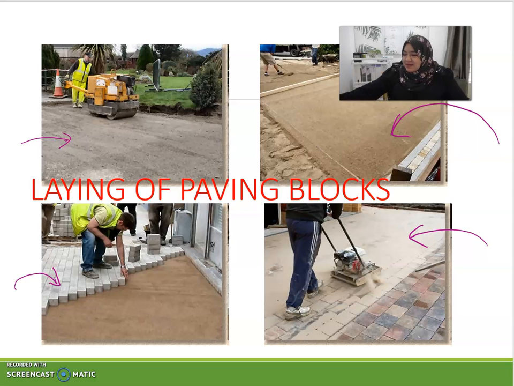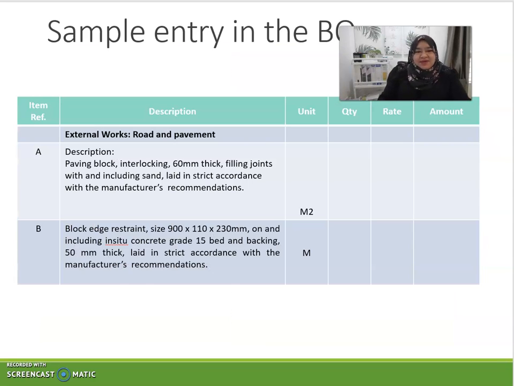This is normally how you describe it in your bills of quantity. Paving block, interlocking, 600 mm thick, filling joint with all necessary sand, laid in strict accordance to manufacturer's recommendation, in meter square. And if you have a block edge restraint, it should be in meter.